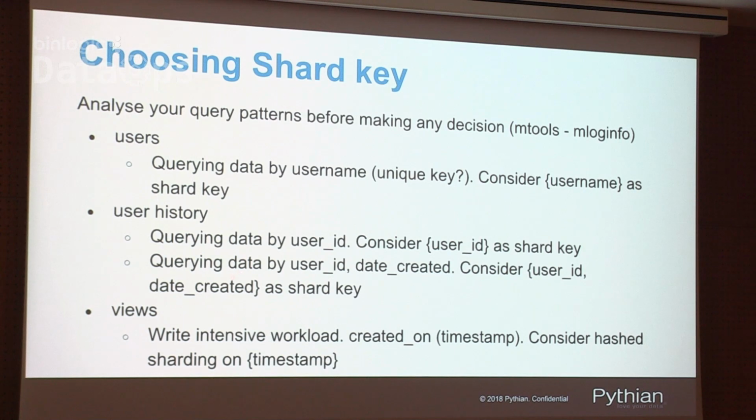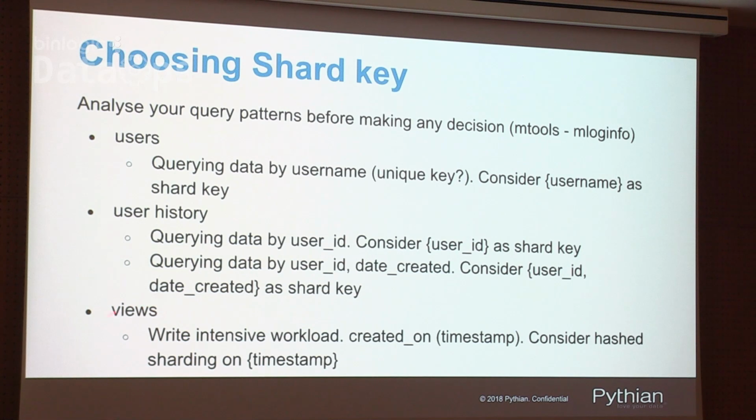However, if you are querying the data by user ID and, for example, date created or some other key, and you have a high frequency for this user ID, the more ideal shard key will be the combination of these two.